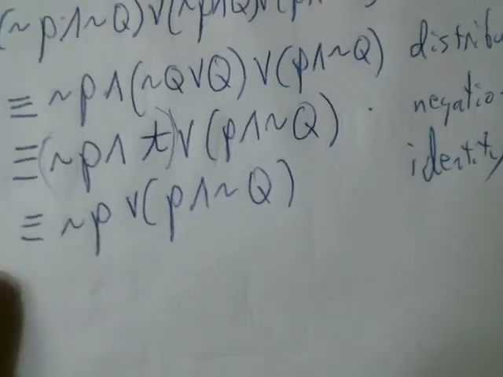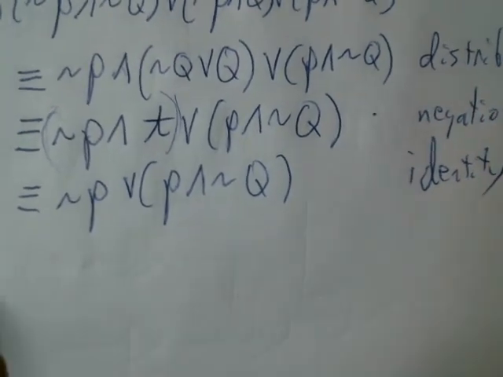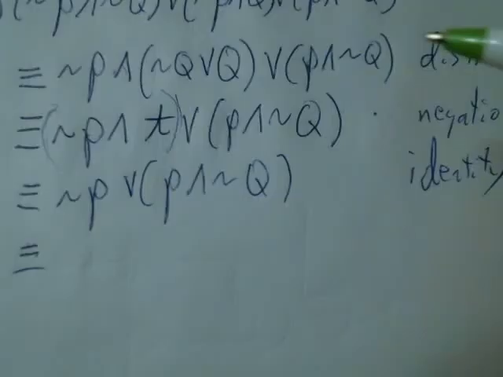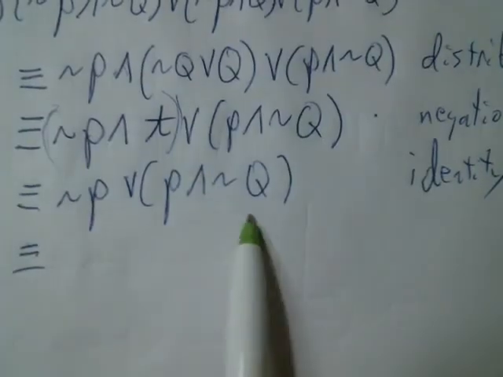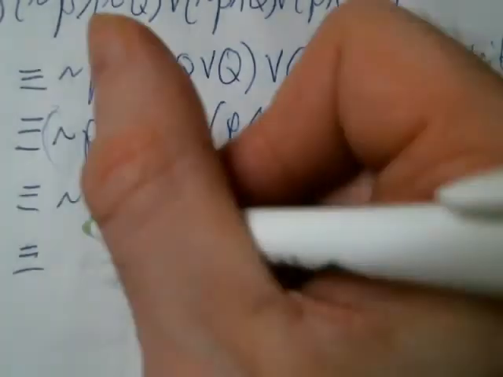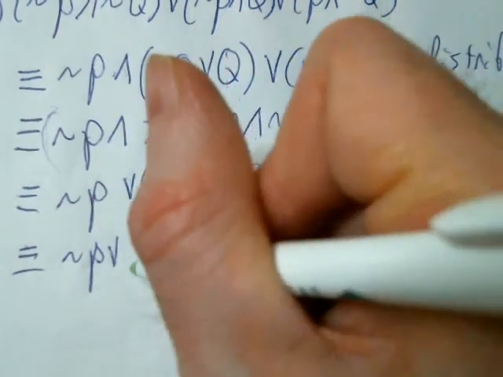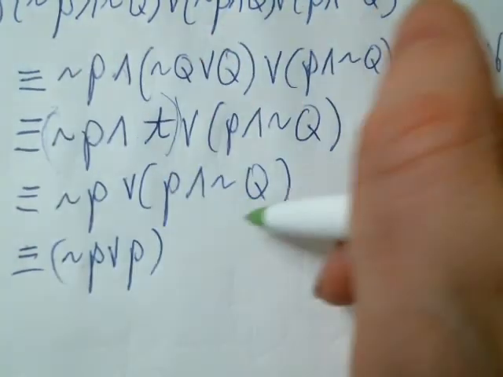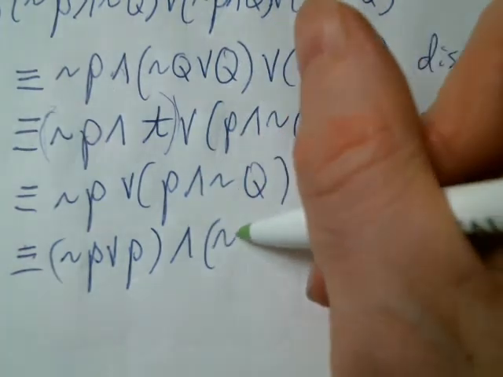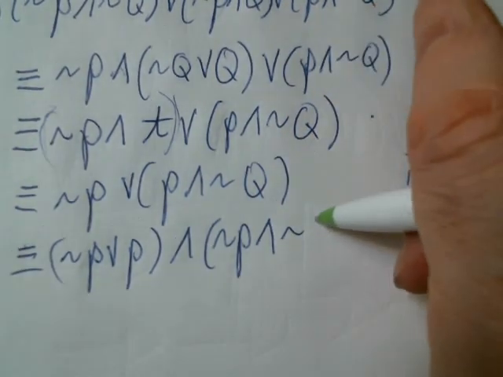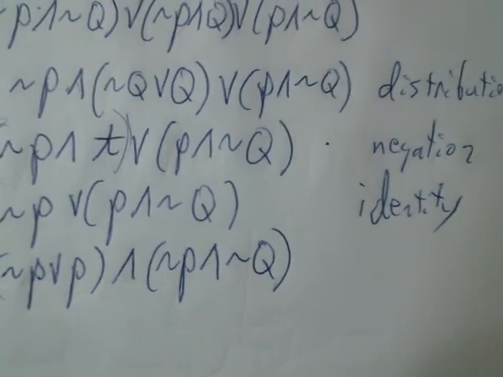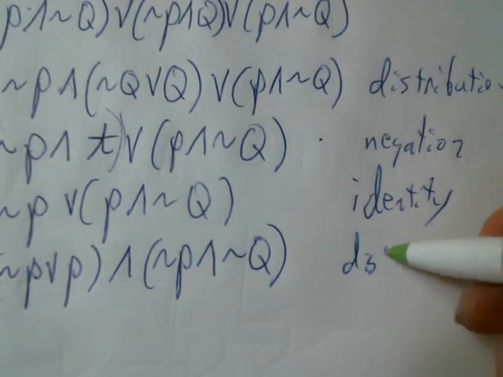Okay. And then it looks like we can do another distribution in the other direction. So I'd end up with not P or P, and not P and not Q. Okay, so that's distribution.